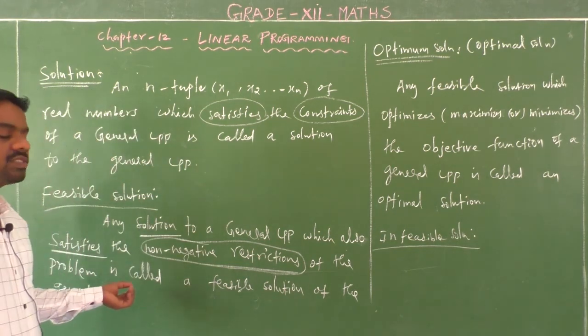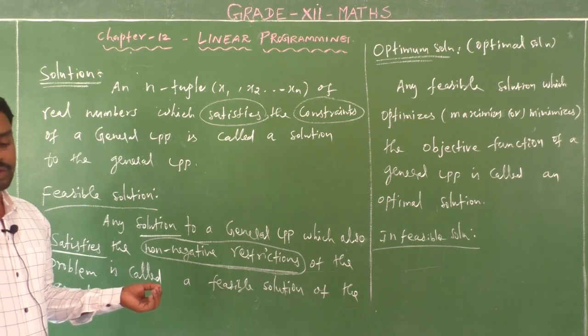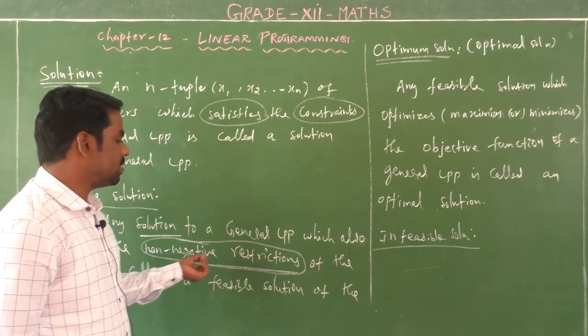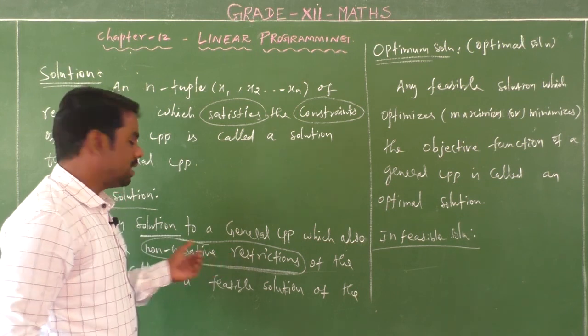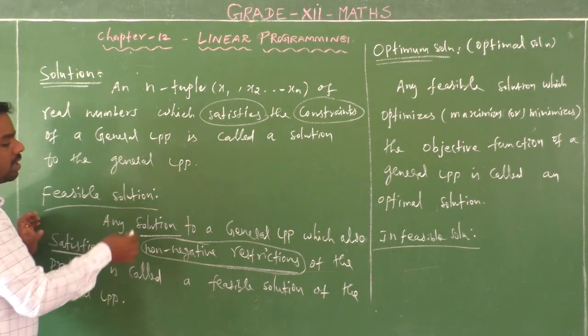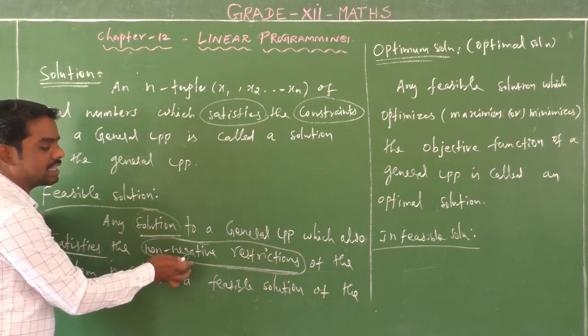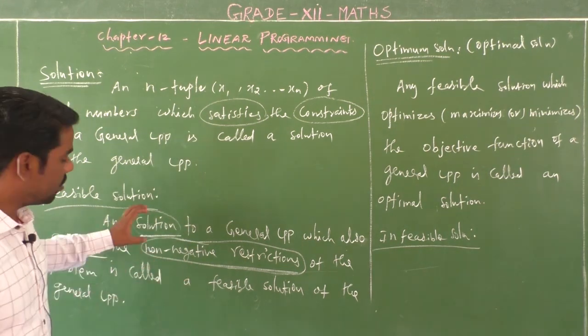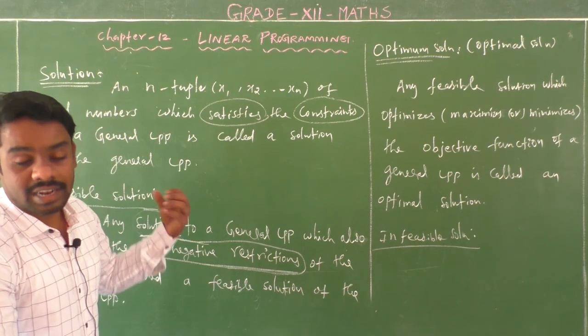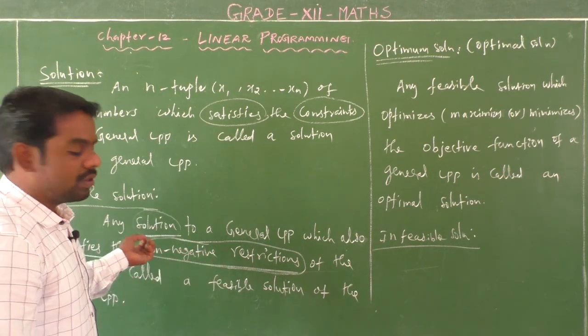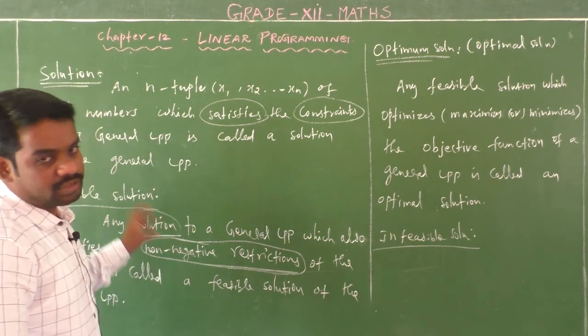Given the non-negative restriction, the solution satisfies it as well as the constraints, therefore it is called a feasible solution.